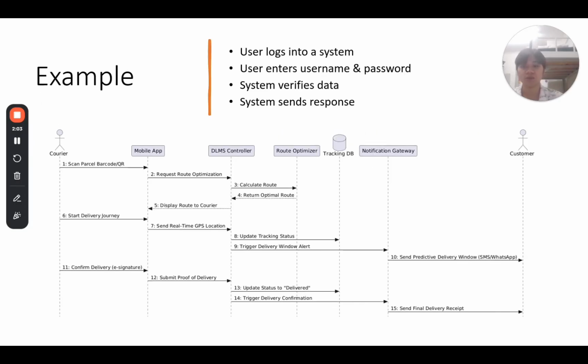Here is an example of how a sequence diagram works. First, the user enters username and password, and then the system checks the information. After that, the system sends a response back to the user. This diagram clearly shows the process in order.